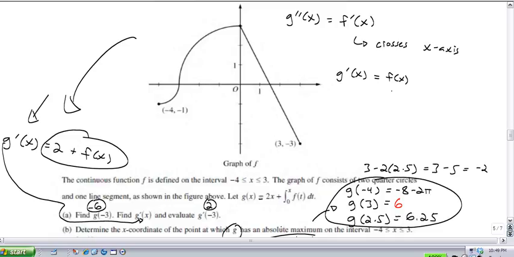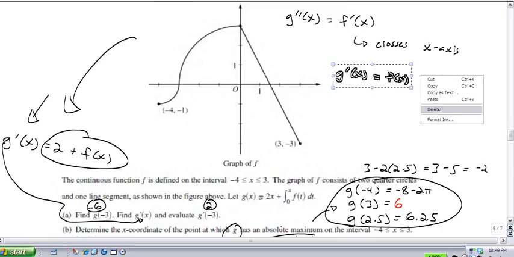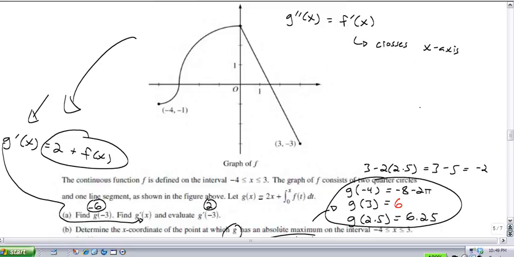If you were going to use that model, you'd be looking for the mins and maxes. But I think you're with me if I say, hey, if the second derivative crosses the x-axis, then we have an inflection point. So let's just look for where f prime crosses the x-axis. So keep in mind you're looking at f.